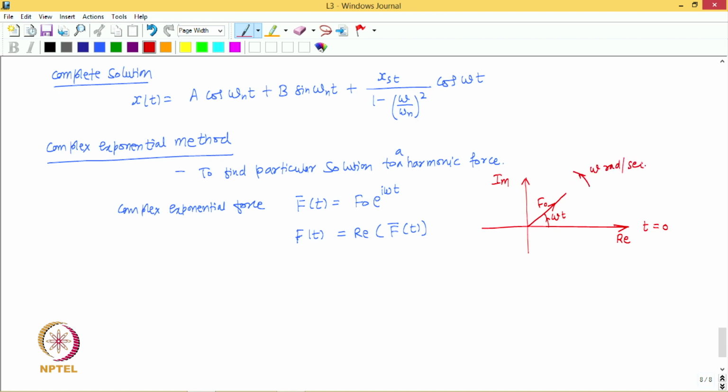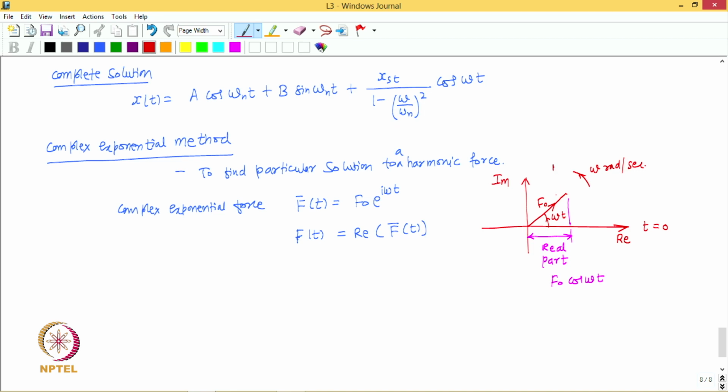And now if I take the real part of this, which is this one, we can easily see this real part is F naught cos omega t.